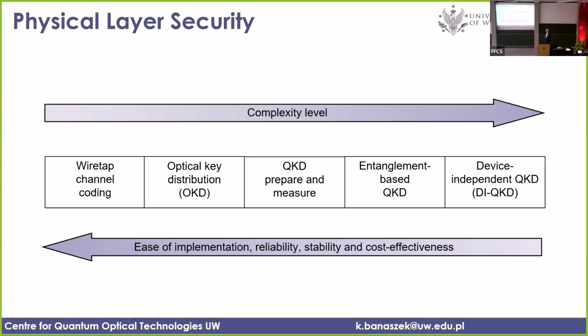So the point I would like to make is that perhaps instead of starting from a, as we would say in Polish, high C from music, I don't know if you have this in German too, that you start from something very ambitious at the beginning, maybe we should also look at other PLS solutions from the quantum perspective that do not offer the level of security as QKD.